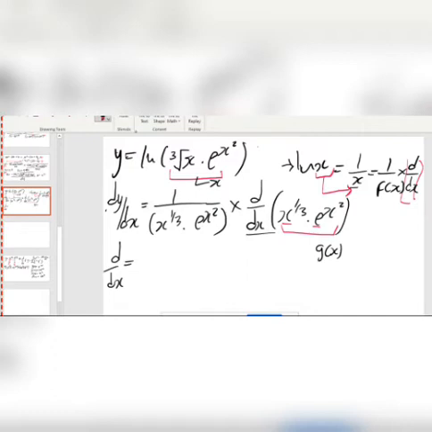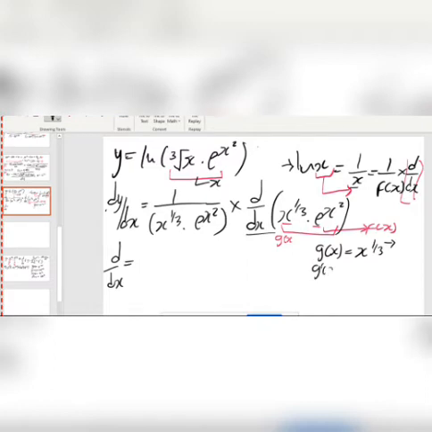We can label this as our g of x, then this is our f of x. It doesn't matter which one you take. So g of x is x to the power of 1 over 3. The reason why I changed this to this form is that it will be easier for you to differentiate it.